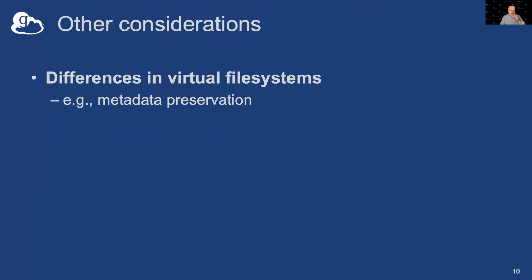Some other considerations that I think are important to bear in mind if you are moving between different storage systems. The one is that the virtual file systems that object stores present can vary in the way, for instance, that they treat metadata.